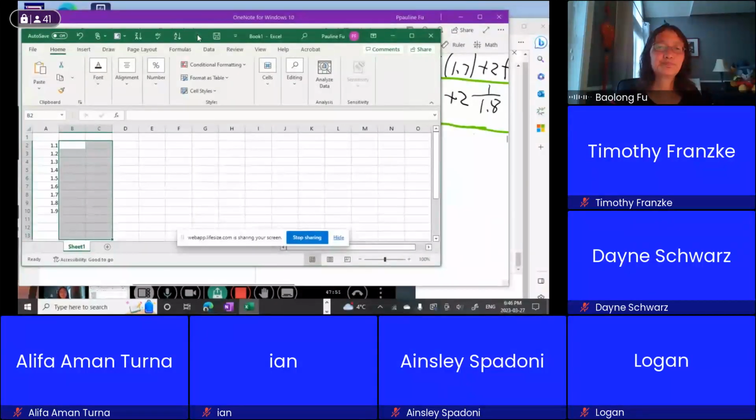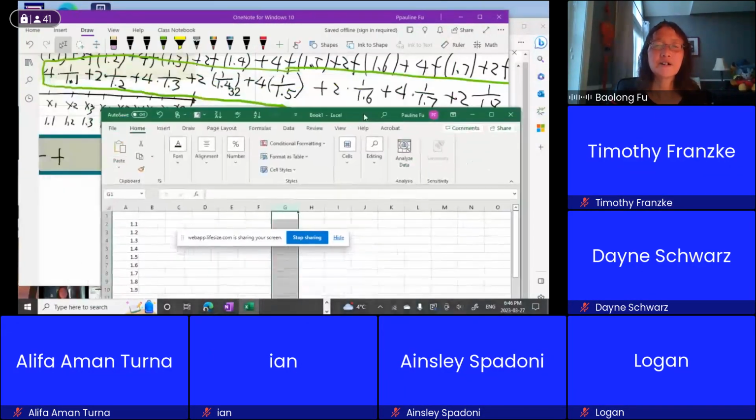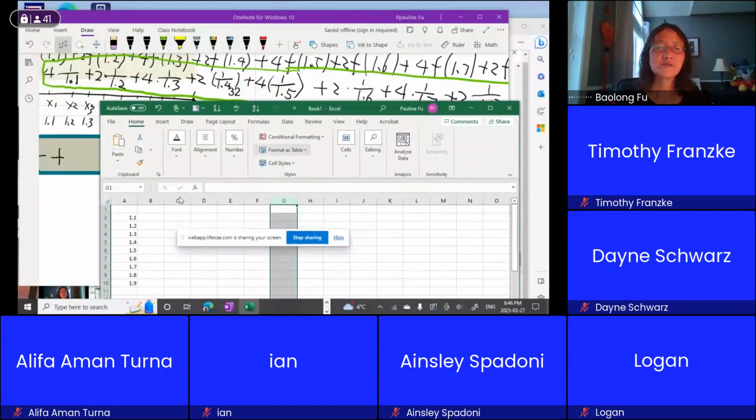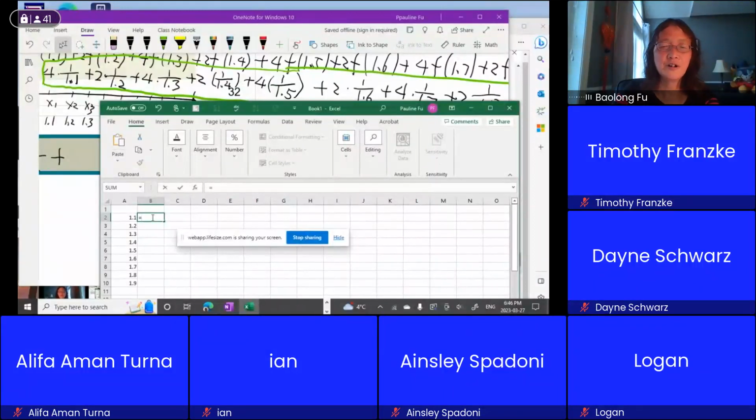Okay, equal. So 4 times 1 over this number. That is the first item, 4 times 1 over 1.1.